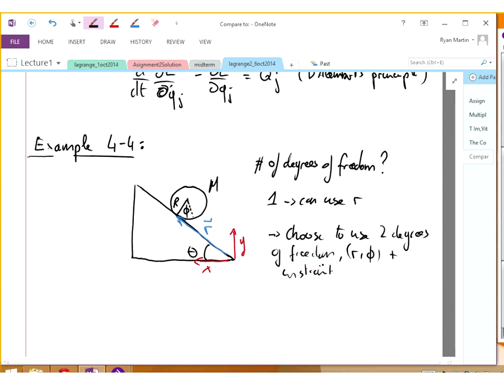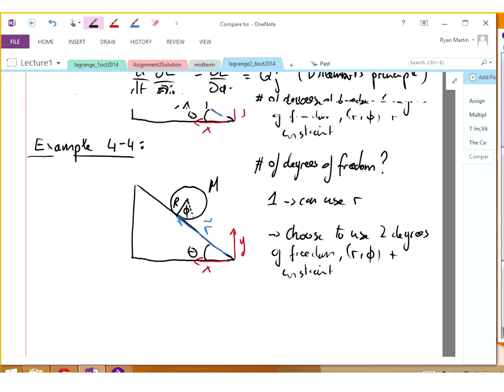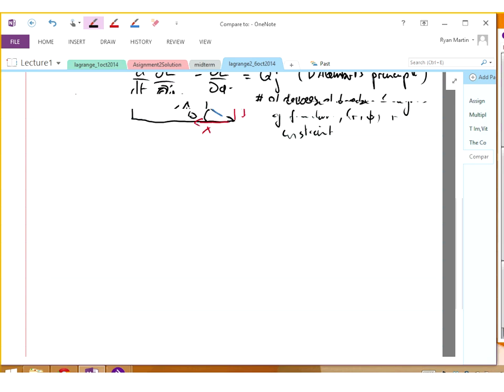And we'll handle the constraints with this formalism of the Lagrange multiplier and see what kind of insight it gives us on the forces that are related to this constraint.